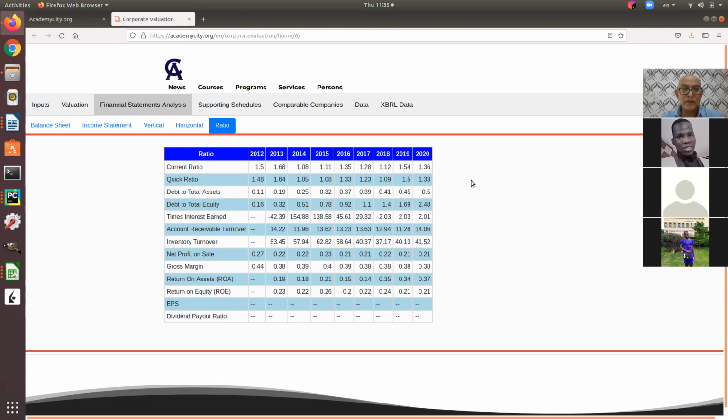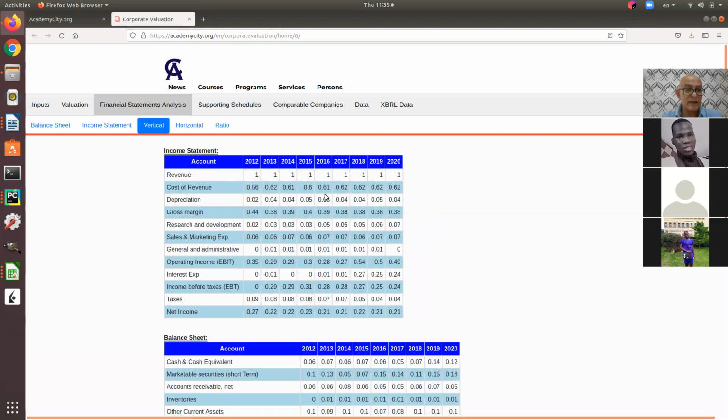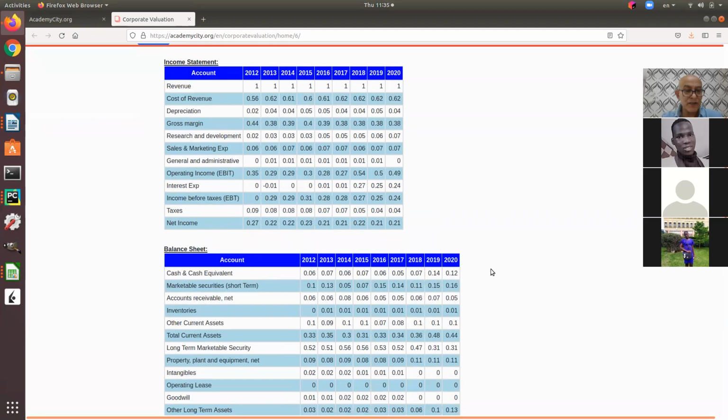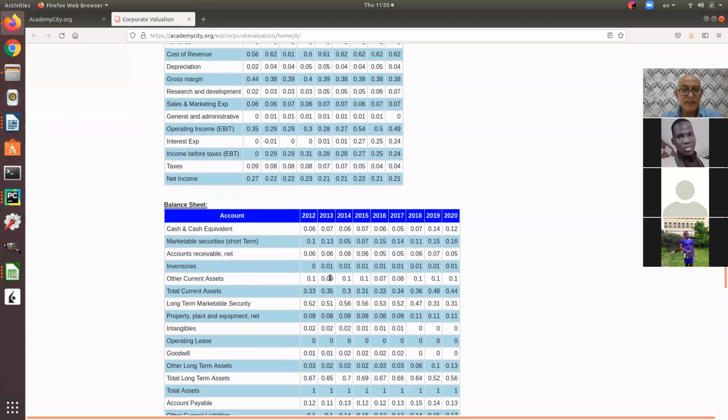How about the quick ratio? The quick ratio was also 1.48 in 2012, fluctuating a little bit, and then it's 1.33. You can see the difference is very small, and that's because Apple doesn't really have a lot of inventory. Does Apple really have a lot of inventory? No, we can know that by the vertical analysis. Let's look at the vertical analysis of the balance sheets and see how much the inventory is out of the total assets.